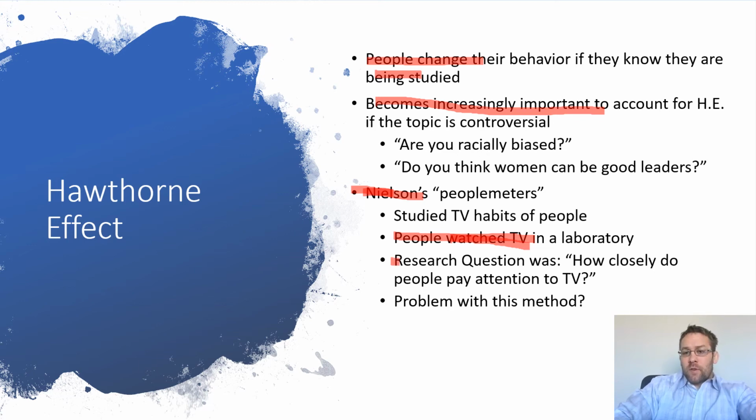The research question for this Hawthorne effect with people meters is, how closely are people actually paying attention to TV? If I watch TV at home, I might go use the bathroom. I might go make myself a sandwich in the kitchen. The TV might be on. I might be having a conversation over here with a friend. I might answer the phone, right?